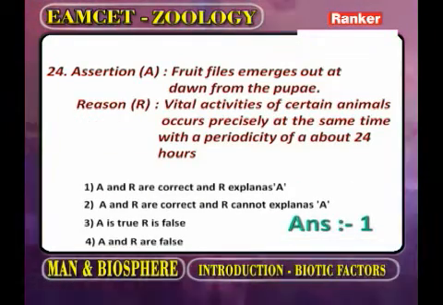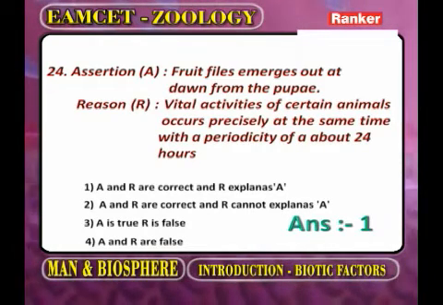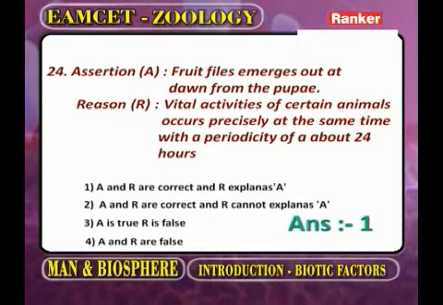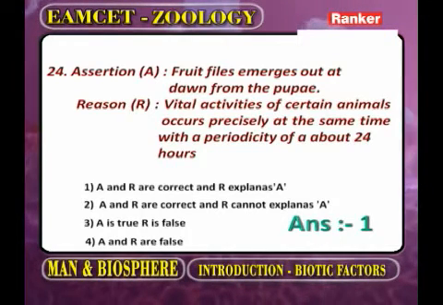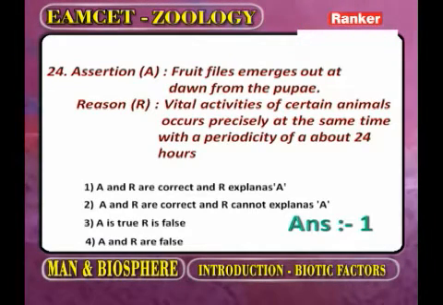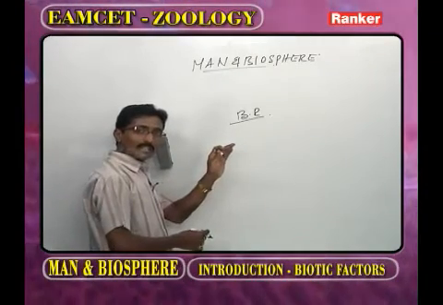Assertion: fruit flies emerge out at dawn from the pupae. Reason: vital activities of certain animals occur precisely at the same time with a periodicity of about 24 hours. Now, we already discussed this one, we call it biological rhythms. What is meant by biological rhythm?